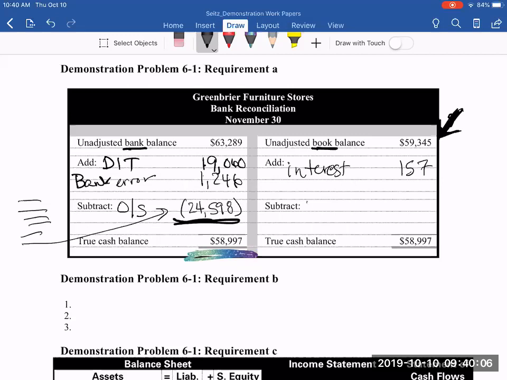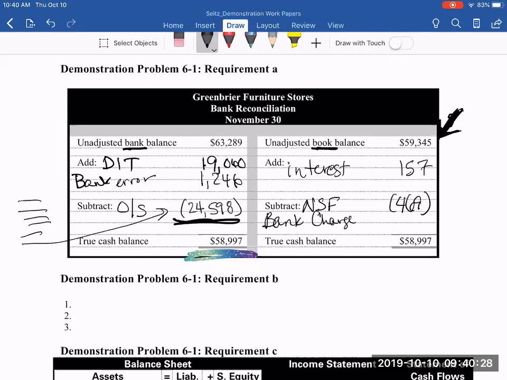The other thing that we need to do is subtract out. So that NSF check, that check that was bad, that $469, we went ahead and added it when we deposited it. Well, we know it's a bad check, so we need to back that out. And then also we had this bank charge, and this could also be like a bank service charge. I didn't mean to write bank service charge. Bank charge.